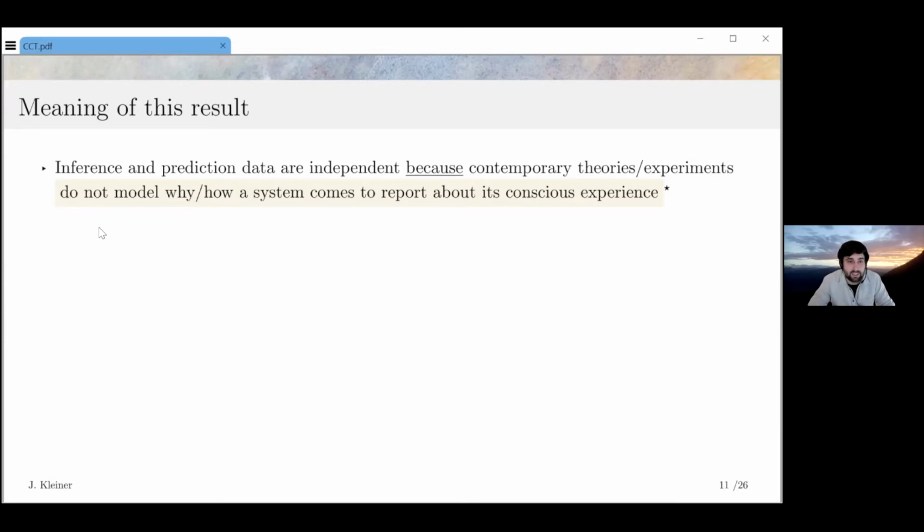But the problem is that as long as we work on this general level of analysis, or don't even care about it at all, we can always tweak the system. For example, by imagining some sort of implant, we can tweak the system such that it gives the same report, but has a different state of consciousness. And that's the idea behind inference and prediction data being independent, and why we basically use it so much.